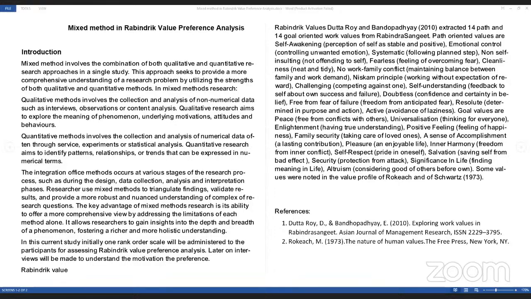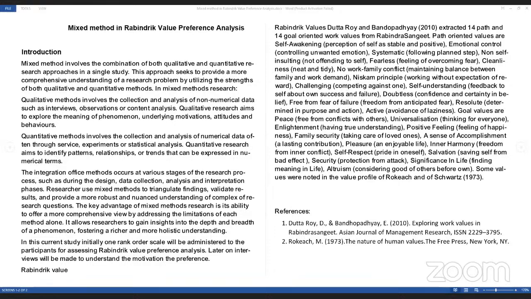Quantitative methods involve the collection and analysis of numerical data, often through surveys, experiments, or statistical analysis. Quantitative research aims to identify patterns, relationships, or trends that can be expressed in numerical terms.